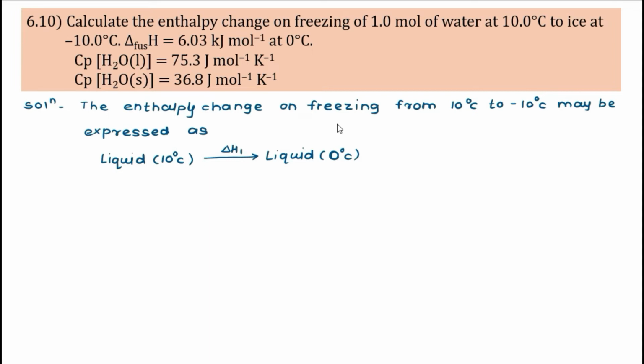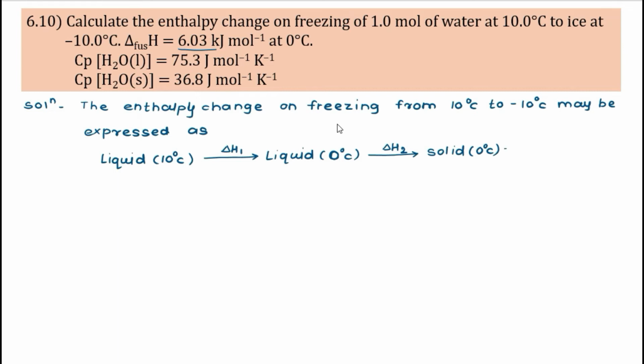Then this liquid will change to solid, that is in ice form, at 0 degree Celsius. Here enthalpy change is delta H2, and delta H2 is nothing but enthalpy change of fusion, which is given in the question.